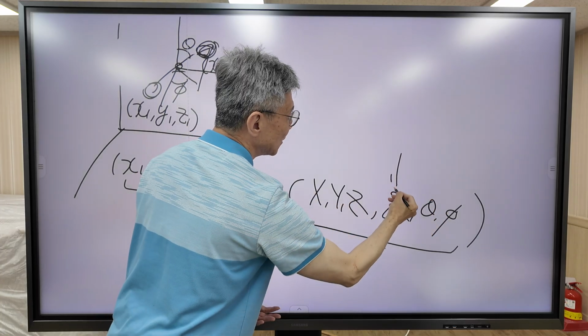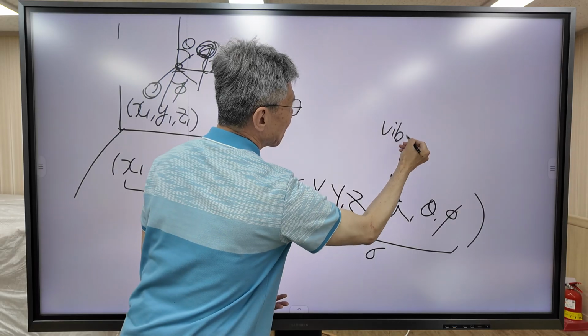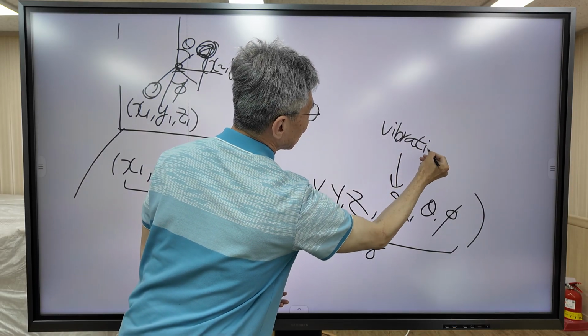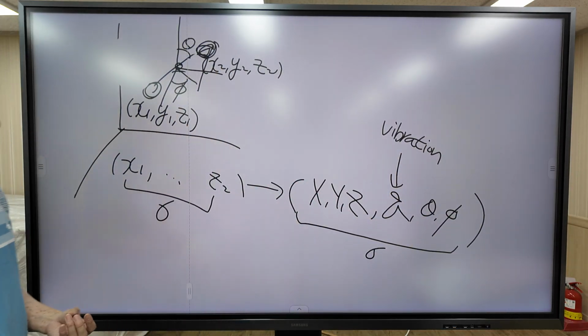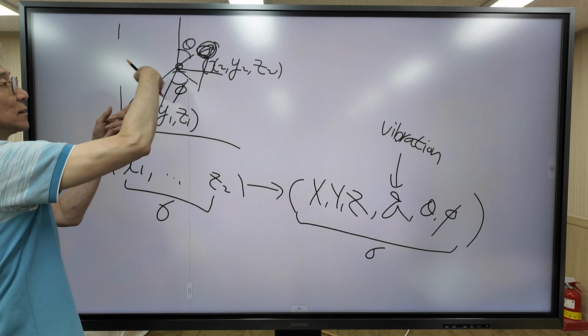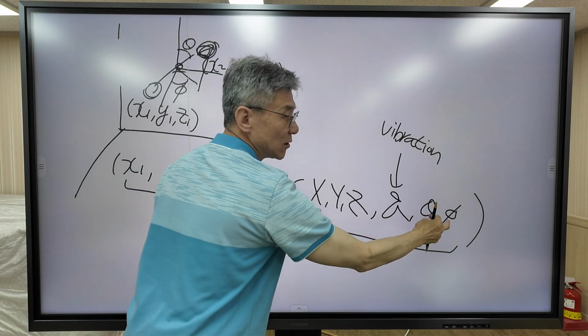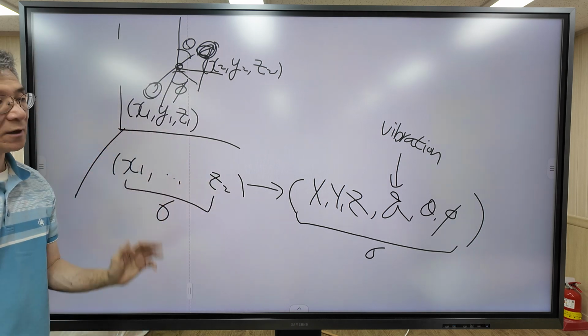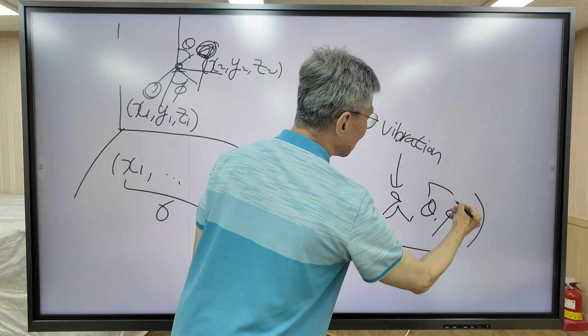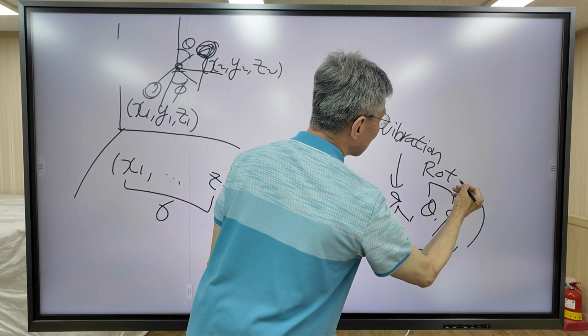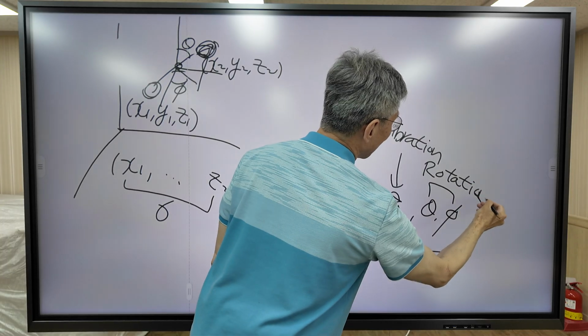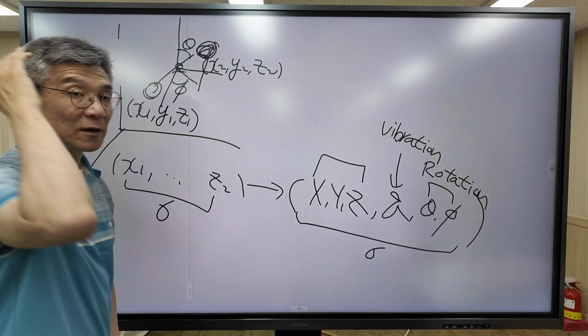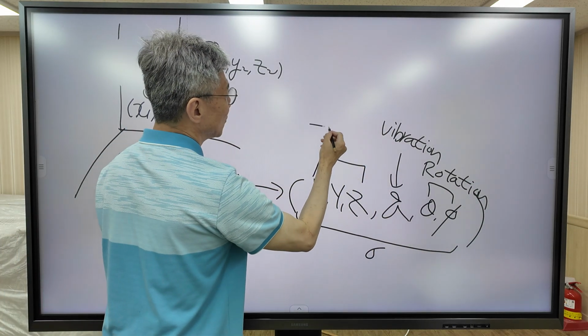So this coordinate is related to vibrational motion. When the molecule rotates, only these coordinates change, but x, y, z, q do not change. So these coordinates are related to rotation. Similarly, these coordinates are related to translation.